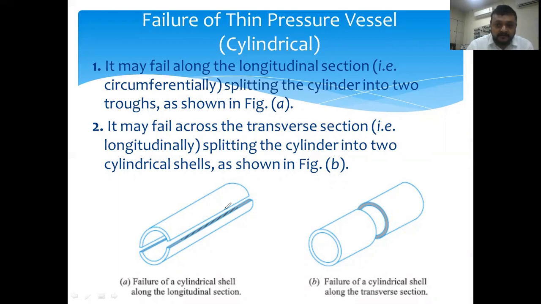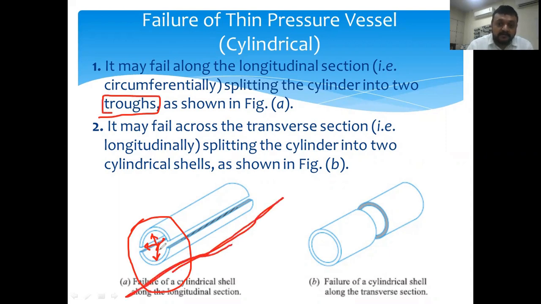In this case, the stress is acting along the circumference of the pressure vessel. If stresses act along the circumference, then your pressure vessel is split into two troughs, along the length of the axis of the pressure vessel. That is the circumferential stress.